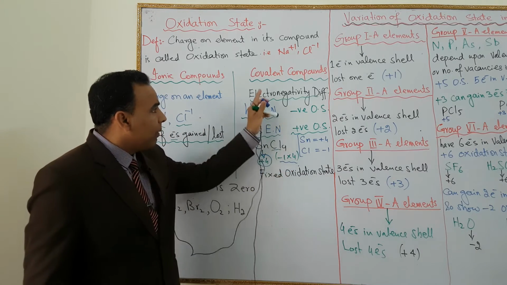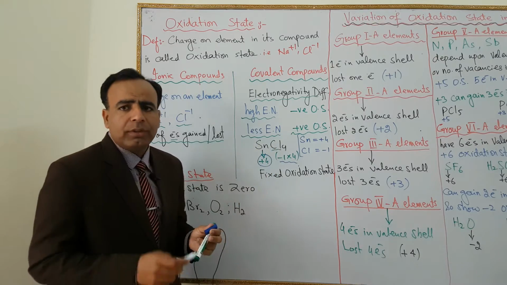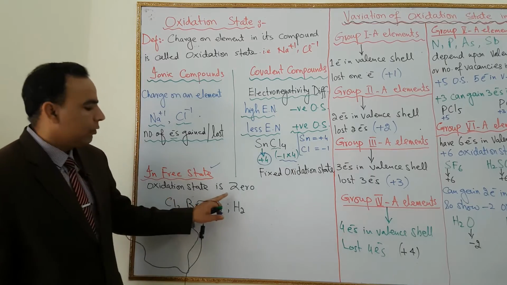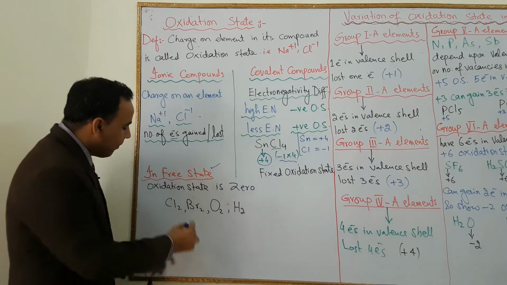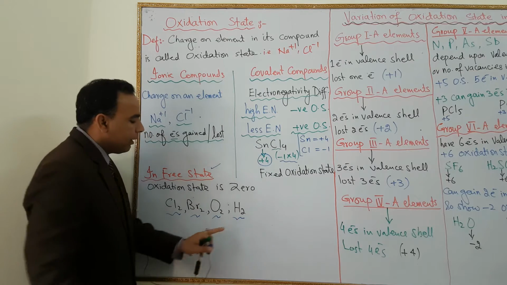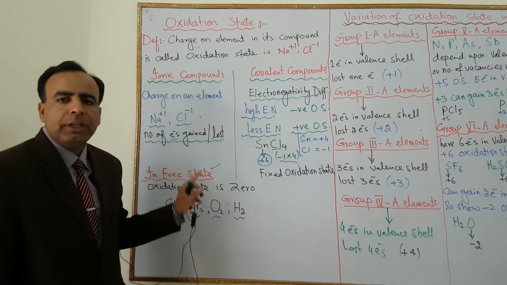This is all about covalent compounds. Dear students, in free state, oxidation state will be 0. For example, Cl2, Br2, O2, H2, they have 0 oxidation state.